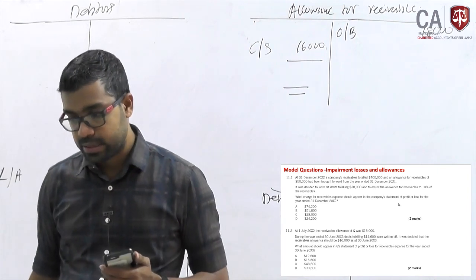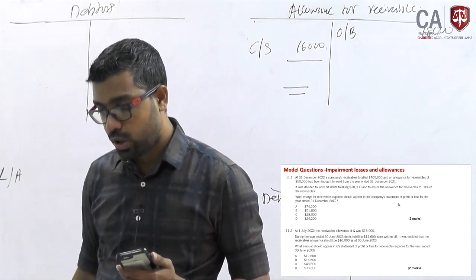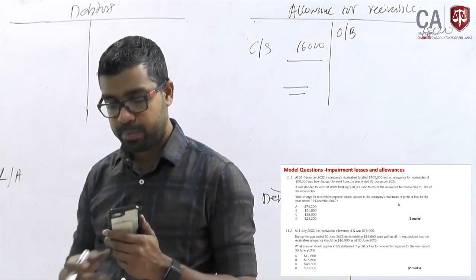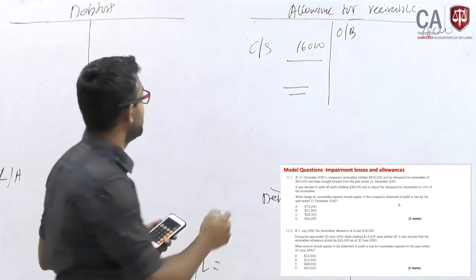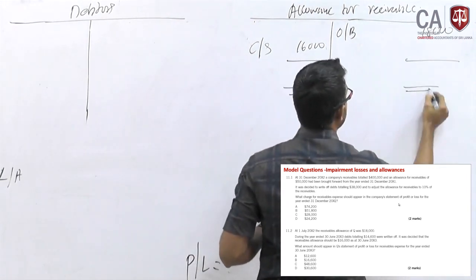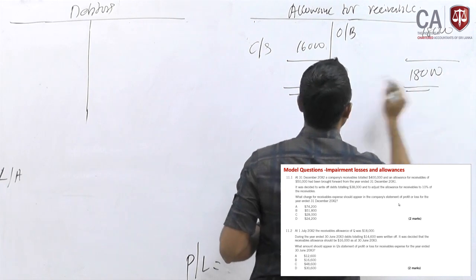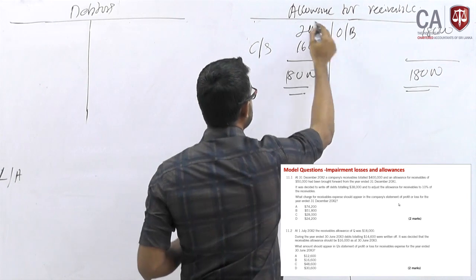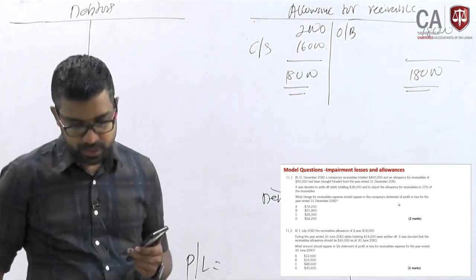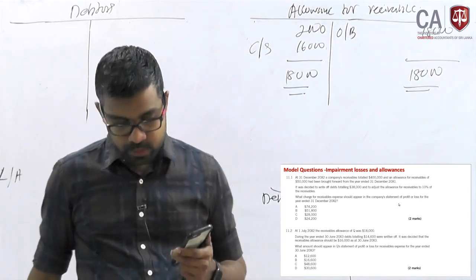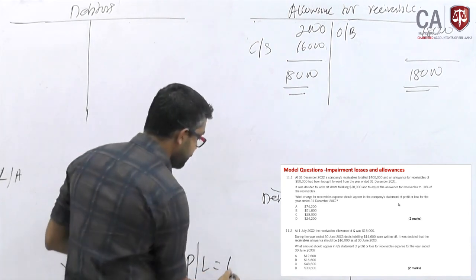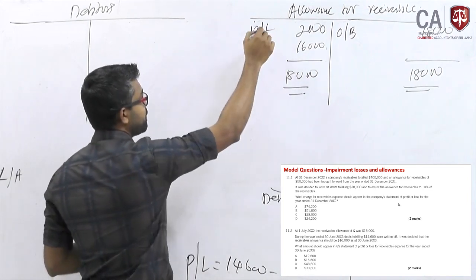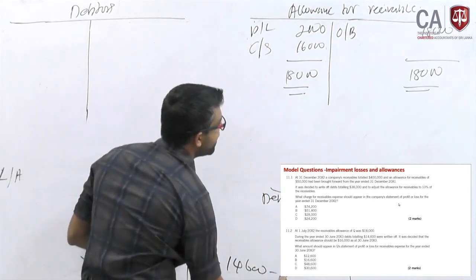In the statement of profit or loss, the receivable expense for the year ended - we take the P&L amount. So closing balance according to them; from loss allowance 2000 is coming, and impairment is there, 14,600 debit P&L, credit P&L 2000.